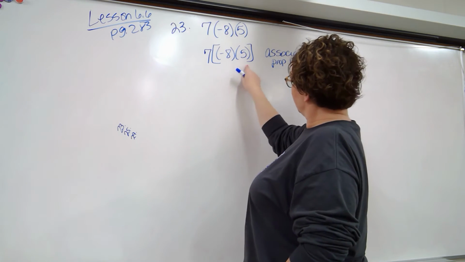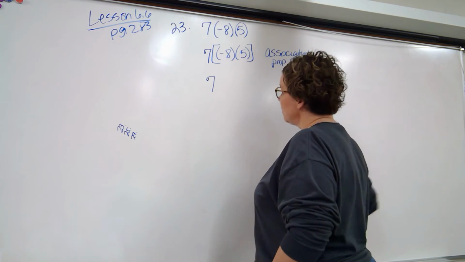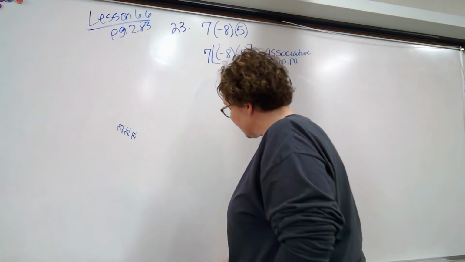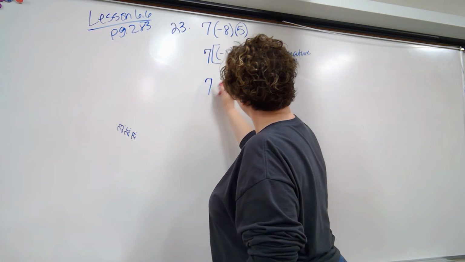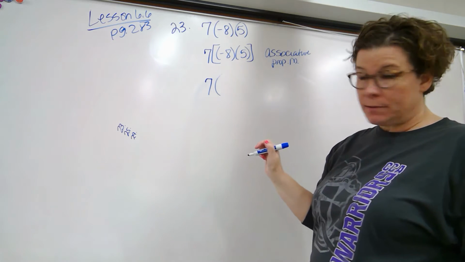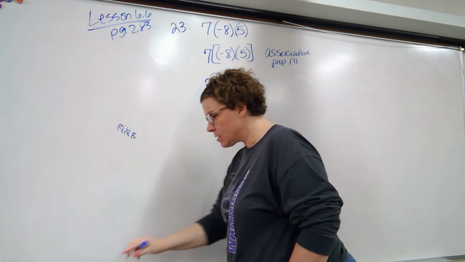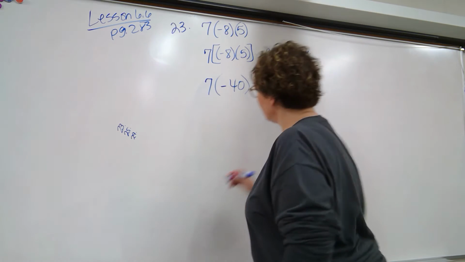So I've grouped these together. I'm going to bring my 7 down. That's all flirty looking, isn't it? 7's coming down. And I know that 8 times 5 is 40, but I also know that it's negative. So what I did there is I just did a multiplication.